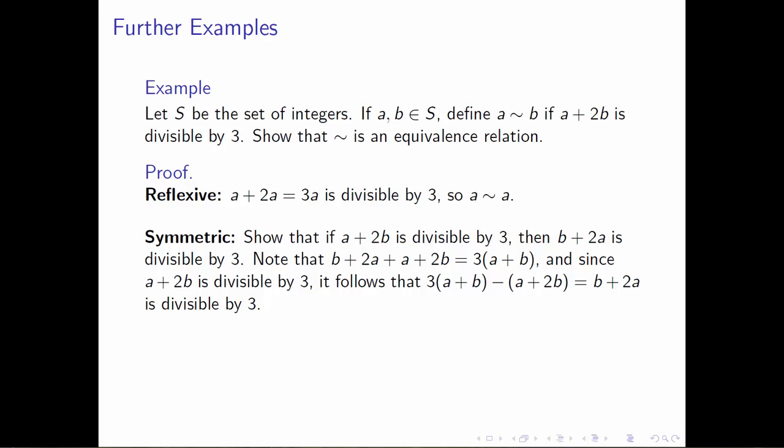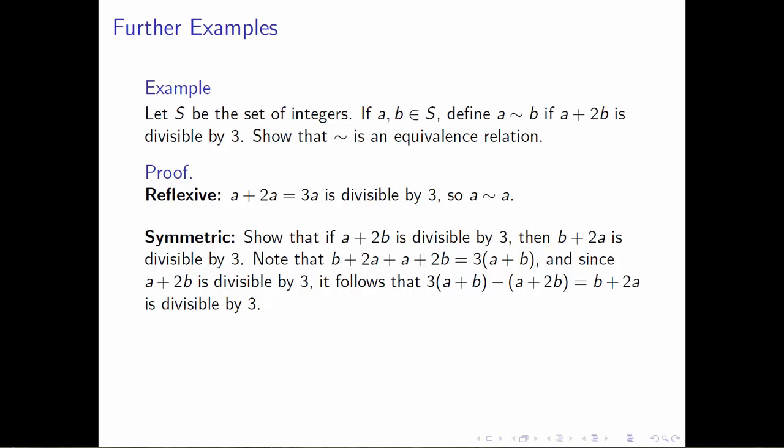So here's what I'm going to take. I'm going to take b plus 2a, which is the number in question, and what I'm going to add on to that is a plus 2b, which I'm supposing is a multiple of 3. And when I do that, I have 3 copies of a and 3 copies of b. So the quantity b plus 2a plus a plus 2b is 3 times the quantity a plus b. Okay. 3 times the quantity a plus b is very clearly a multiple of 3, and by hypothesis, a plus 2b is a multiple of 3.